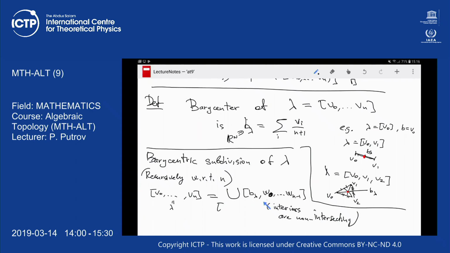And so this is the barycenter of lambda, and the other vertices are such that if I remove this b lambda, this will be inside the barycentric subdivision of a face of lambda.